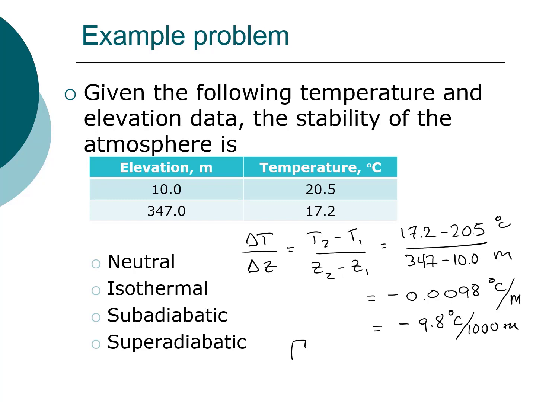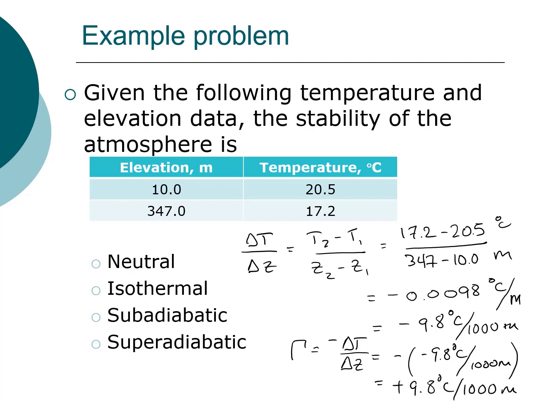So the environmental lapse rate, remember, is equal to negative dT over dz, and that is equal to negative times negative 9.8, and therefore that is positive. So it's 9.8 degrees C per kilometer.